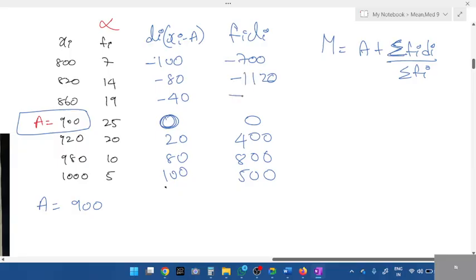Okay, 1120. Is it minus 760? Okay, now add all three, students. Even if it is minus, no problem. Take minus common and add all three. 700, 1120, 760.